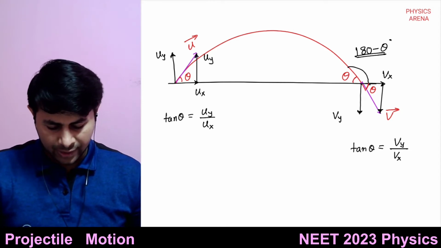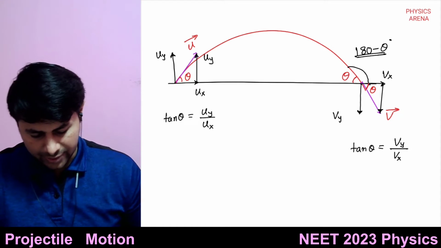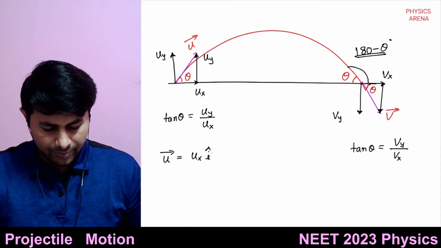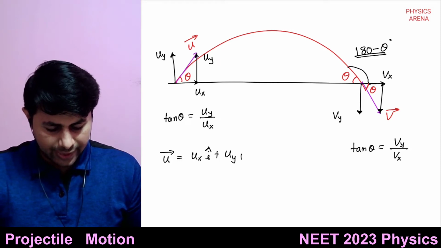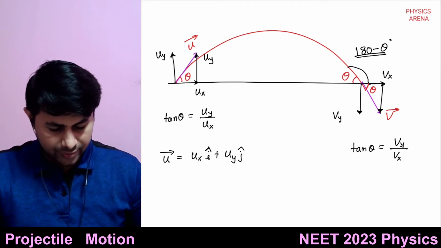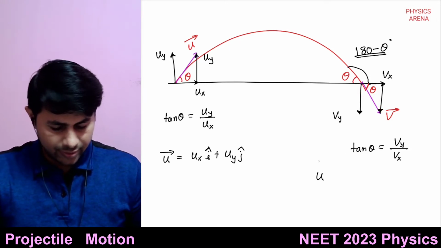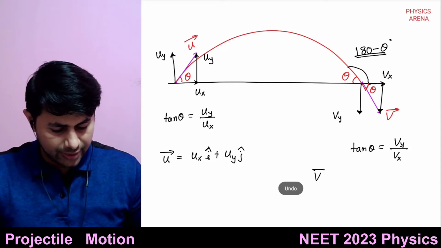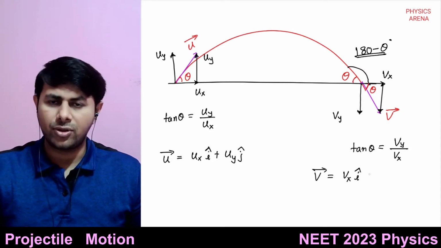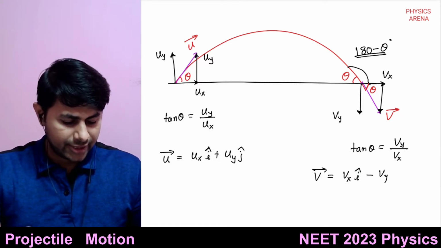And now, if u bar can be written as ux times i cap plus uy times j cap, how can I write v bar? v bar can be written as vx times i cap plus or minus vy times j cap.